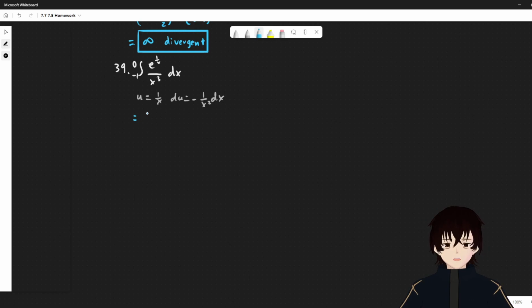So now that is equal to the integral from somewhere to somewhere of e to the power of u, negative u e to the u du. Right. Got 2 here. That gets taken care of. Then we got 1 left, which is a u. Perfect.